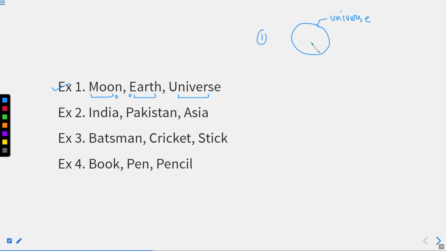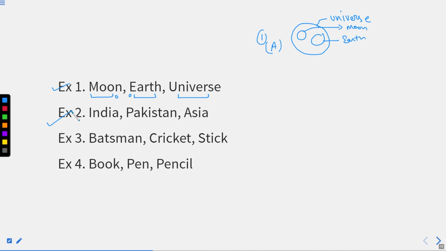Within universe we have Earth and Moon as well. So if I take this as Earth and this as Moon, I hope I have explained all three things with the help of this diagram. So option A is representing this diagram. I hope this part is clear.